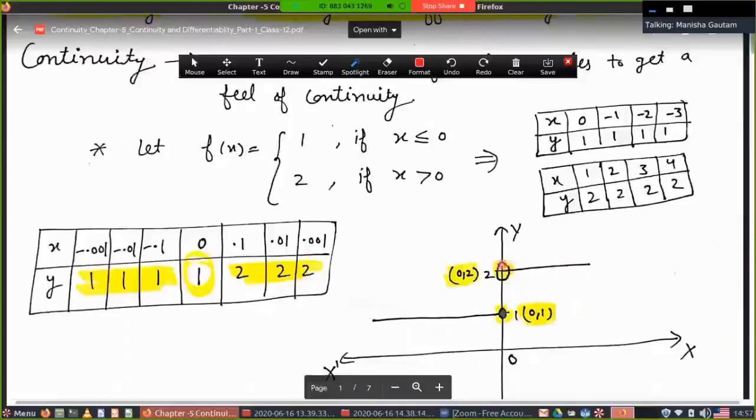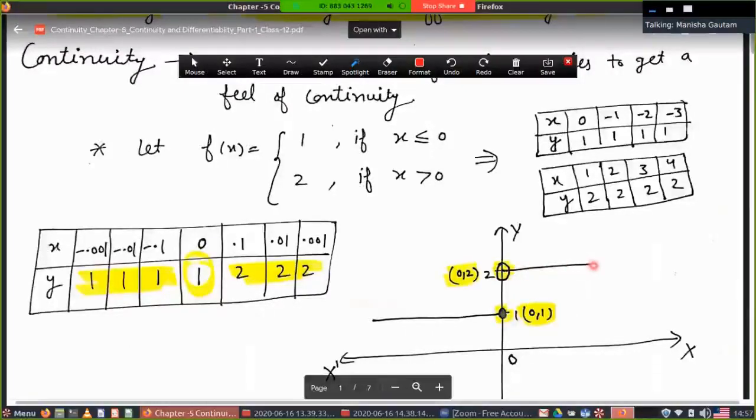Here I have drawn an empty circle. It means the graph goes up to very near this line, with value not equal to 2, because at x equal to 0 the value is 1, not 2. That's why here I have drawn the filled circle, and here I have drawn the empty circle.